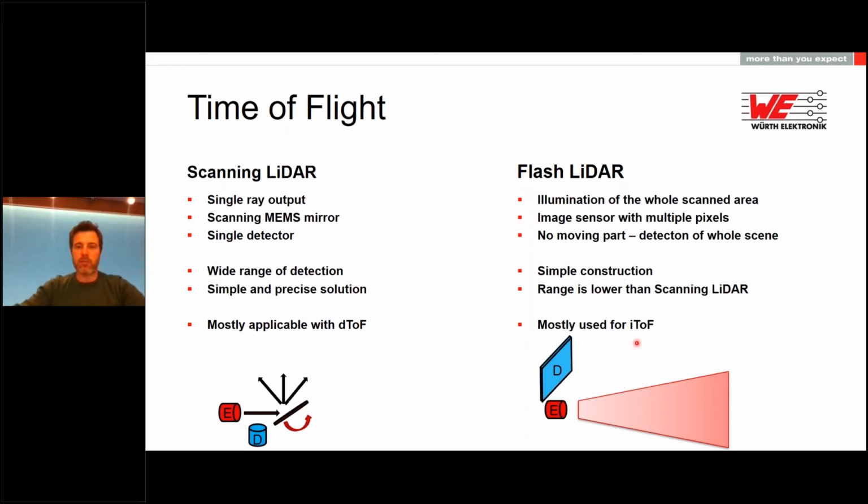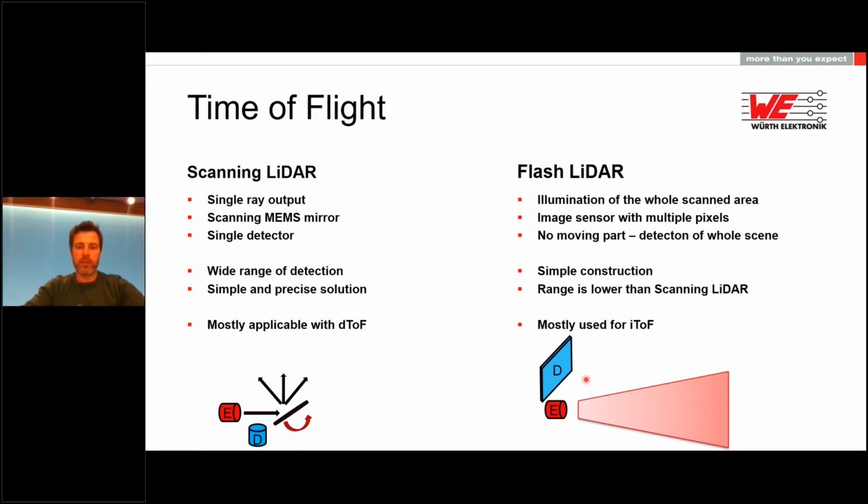On the other side, we have the flash lidar system, where we have an emitter with an emission pattern like the one I presented to you, where we can illuminate the whole scene with a single flash. And then we use an image sensor with multiple pixels, or a CCD sensor matrix, where we can detect the whole scene. The benefit of this system is that it doesn't use any moving parts and it can detect the whole scene.